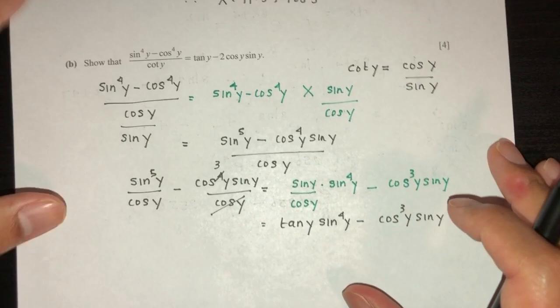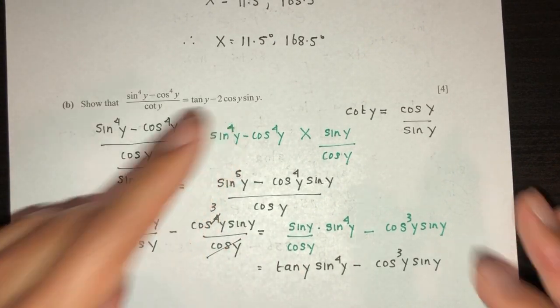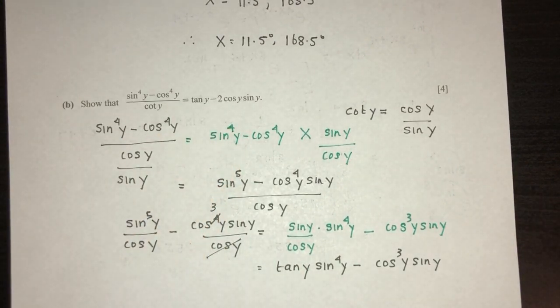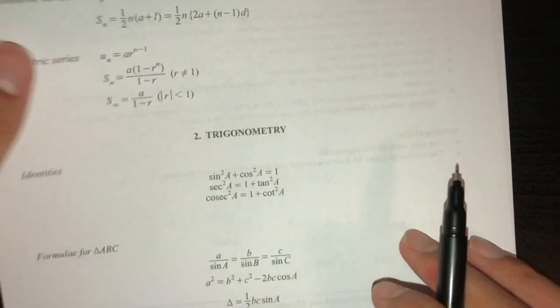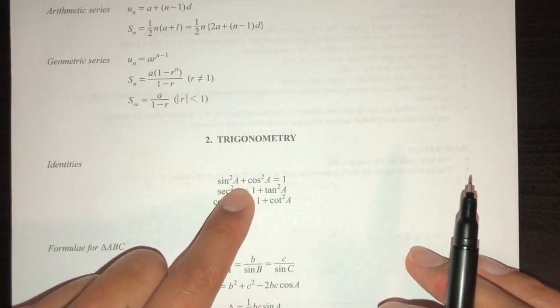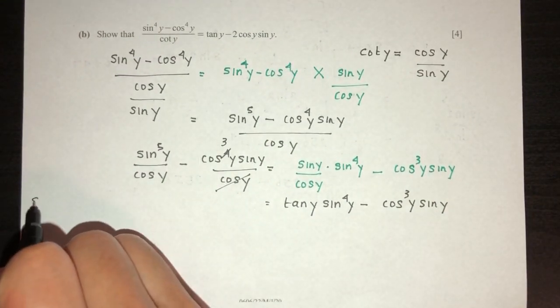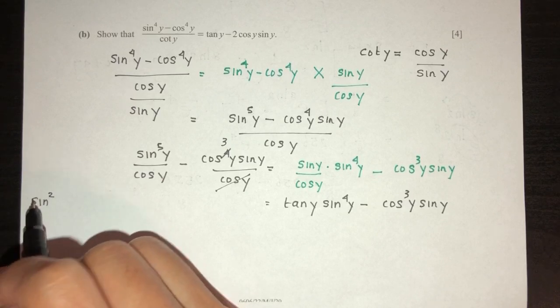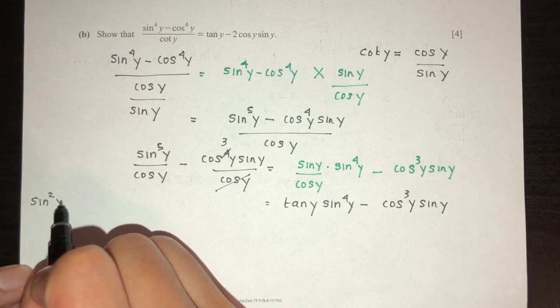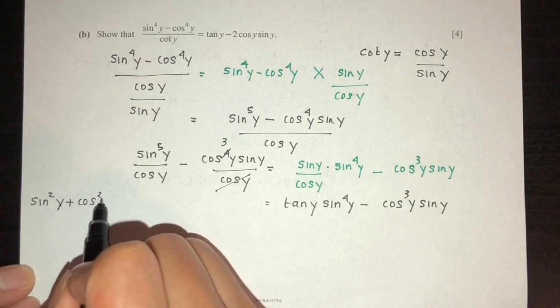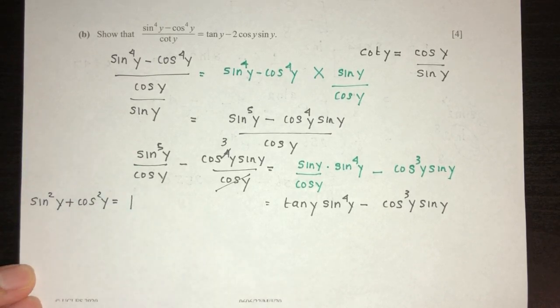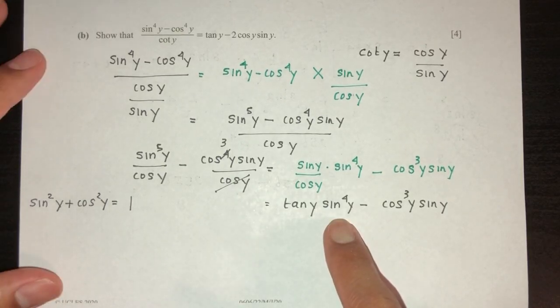So now, how can you simplify this to this part? Let's think, what can you use? We have an identity here that we can use, which is sine square a plus cos square a is equal to 1. So let's write this down somewhere so we know we are using that: sine square y plus cos square y is equal to 1. So how can you replace this in this?